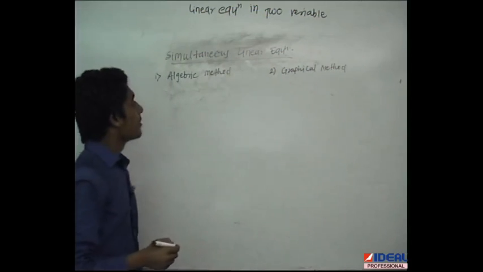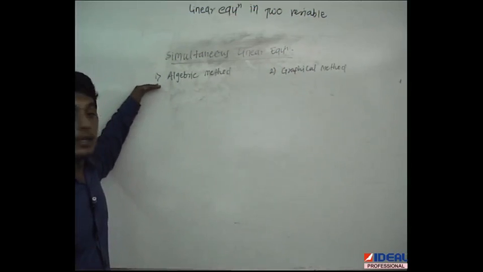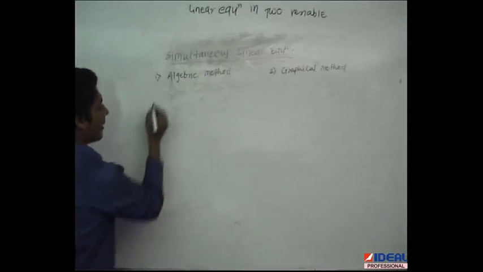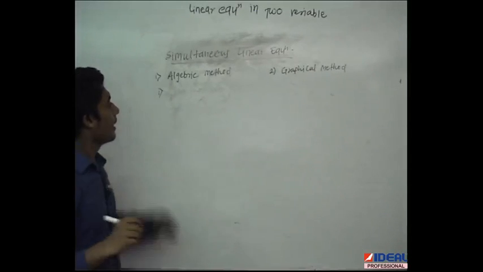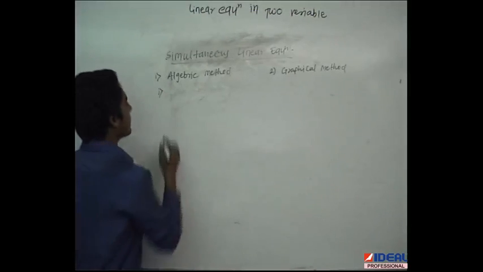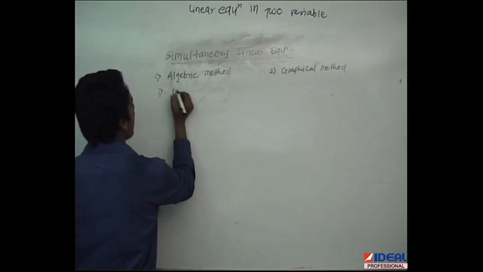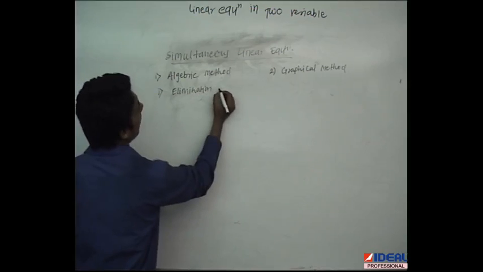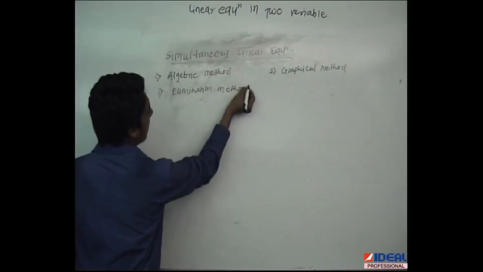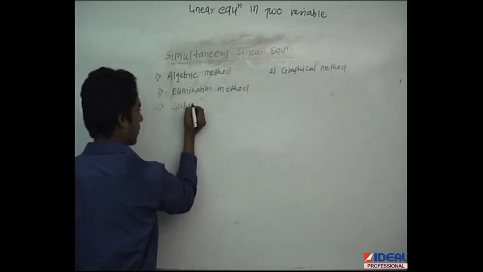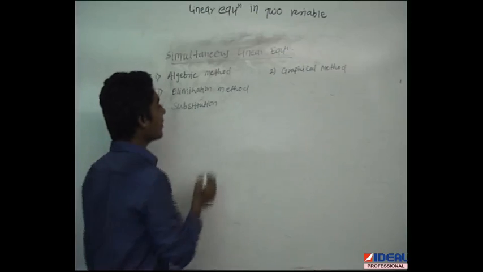Okay. So in the algebraic method, there are three sub-methods for solving linear equations. Number one is the elimination method. Number two, the substitution method.